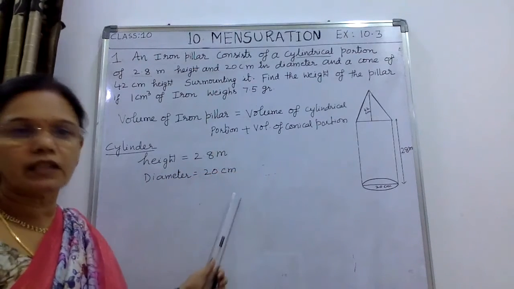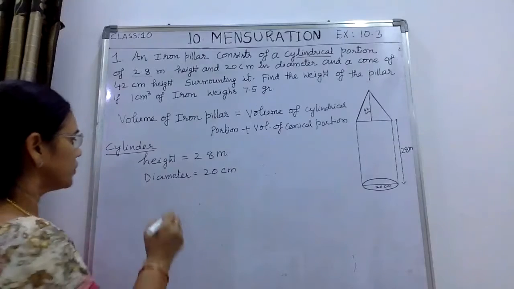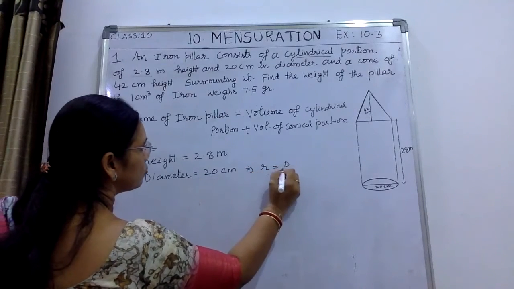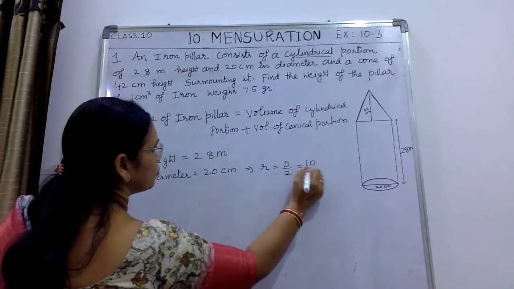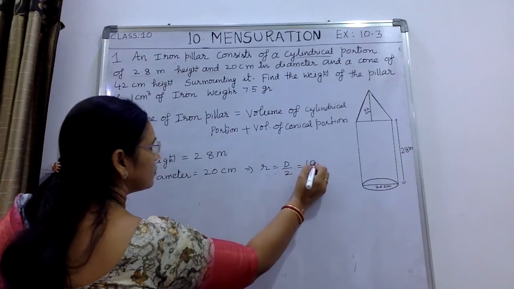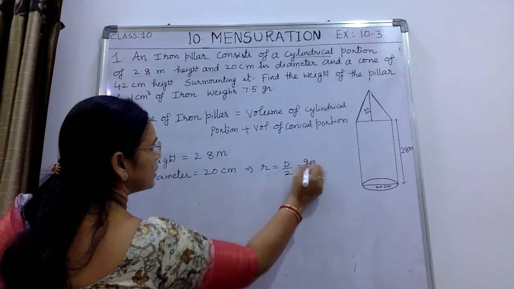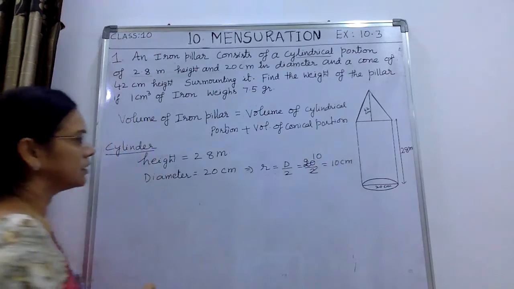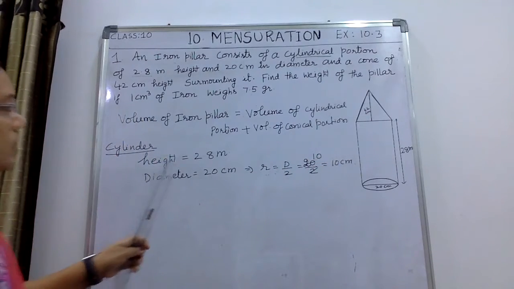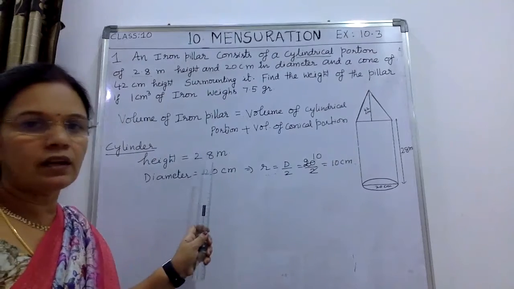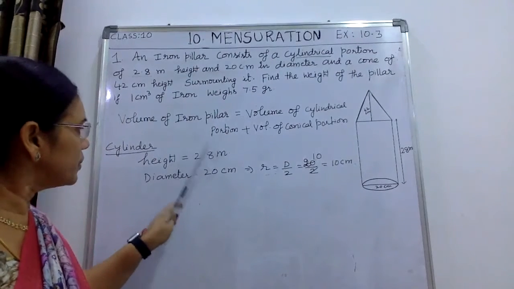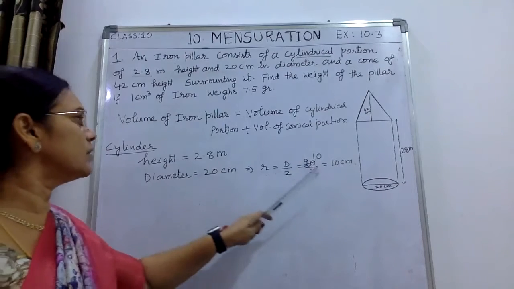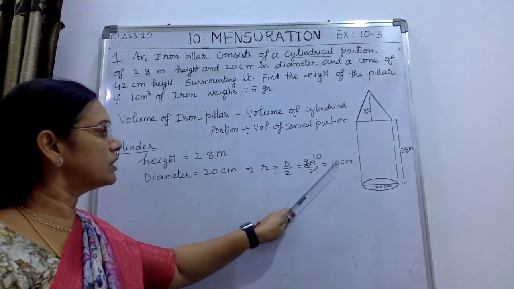So we need to find the radius from the diameter. We know radius is equal to d by 2, that is 20 by 2, that is 10 centimeters. If you observe the measurements here, the height is in meters, and the radius we found in centimeters.